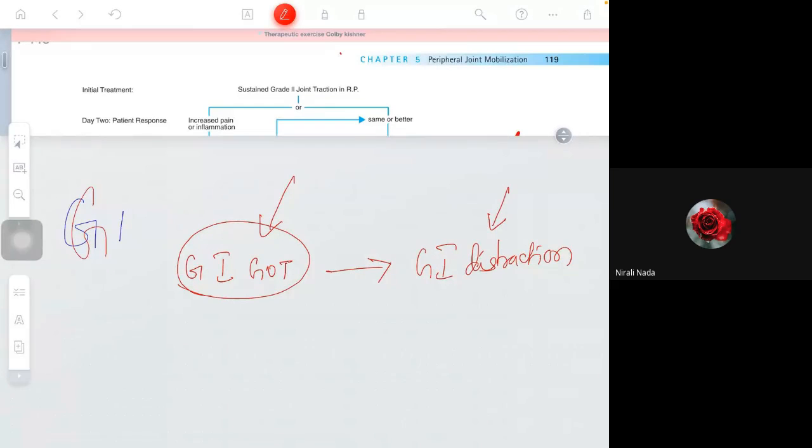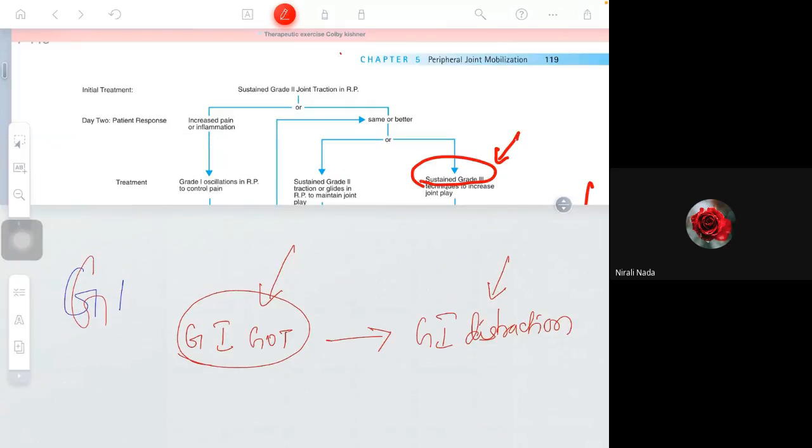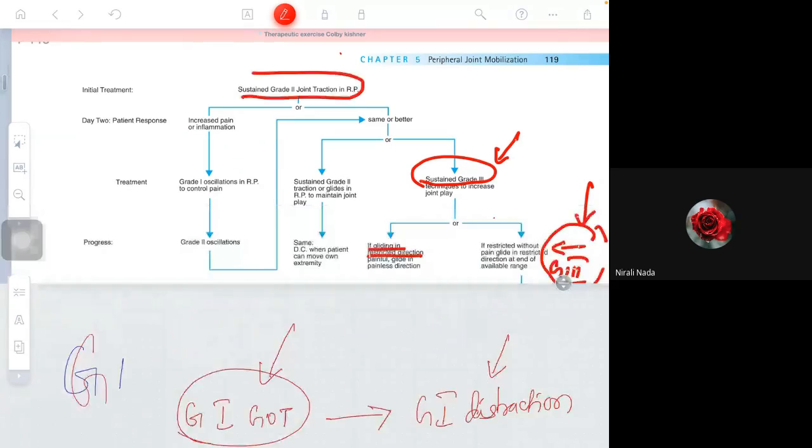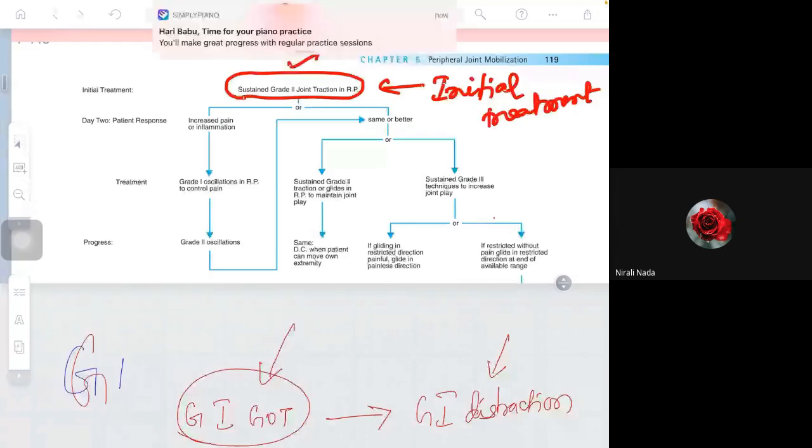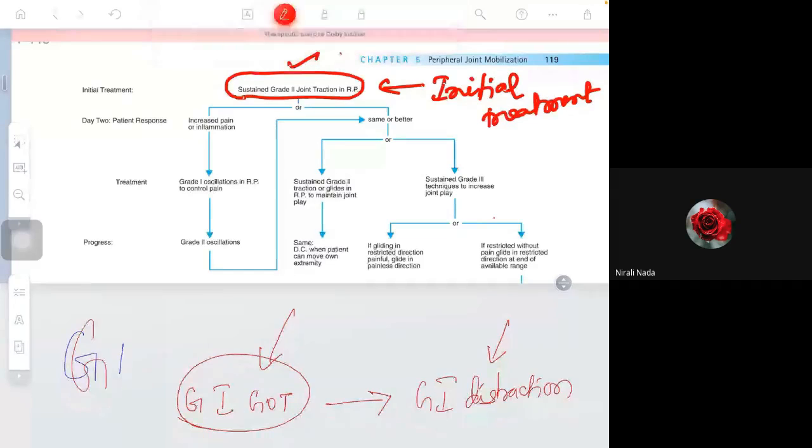But you have already given grade 2 distraction because this is the initial treatment. Already we discussed, when the patient is coming on the first day, you will give grade 2 distraction. So it is not necessary for you to give grade 1 distraction.